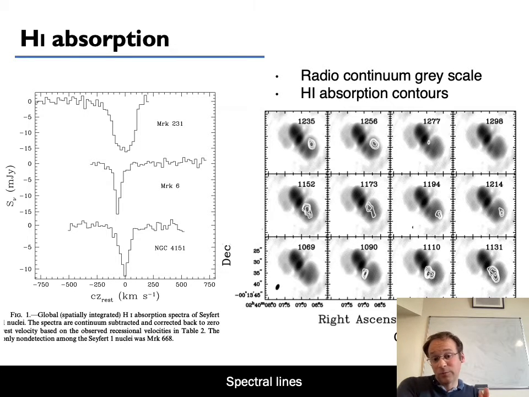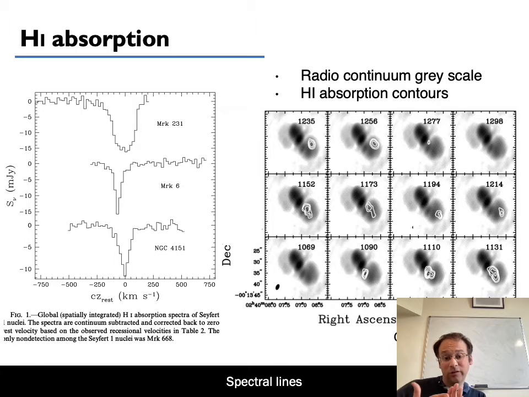So the redshift of the object that they're studying. So what you're seeing now is the velocity with respect to the active galactic nucleus, right? So that's what you're seeing here. And so you can see the velocity of the H1, the foreground H1 gas, and you can see in this case that the majority seems to be blue shifted actually.